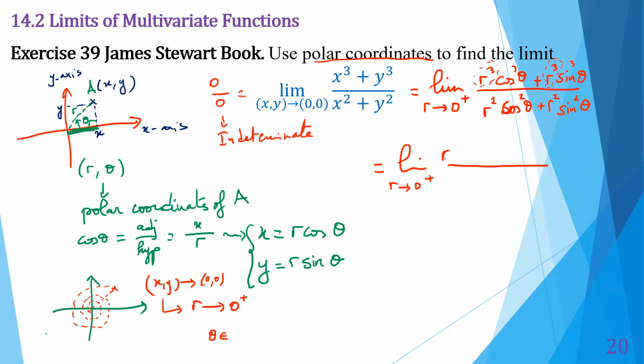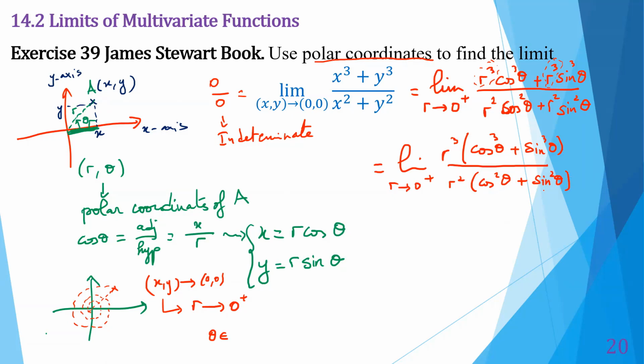So the common factor is the common variable with the lesser power. Here the two powers are equal, so r cubed is common. So we have cosine cubed plus sine cubed, over r squared times cosine squared plus sine squared theta.